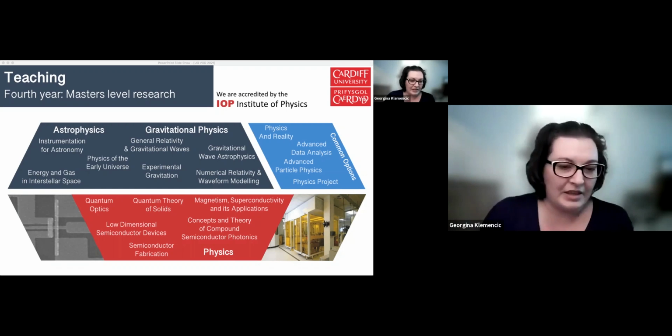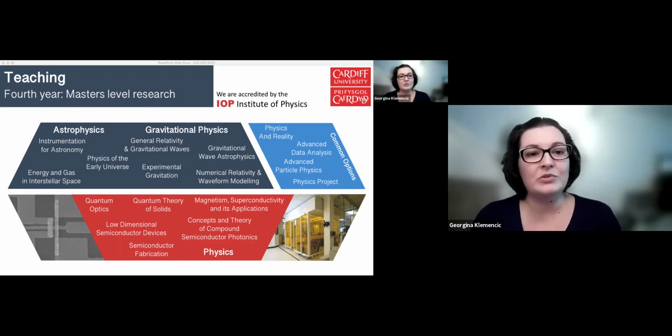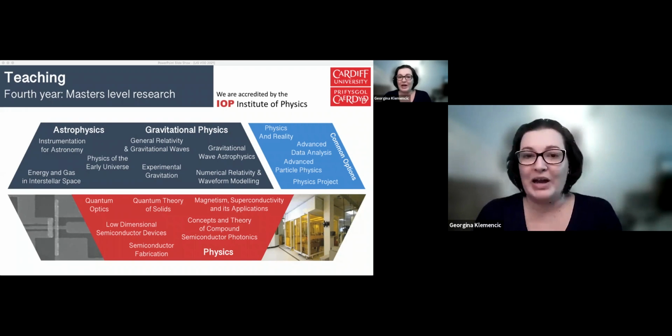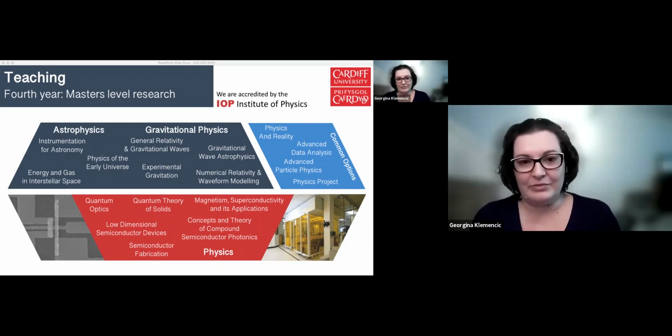And then there is a research component to the module where you work together in groups and you choose an instrument, you choose a telescope, and you do some research on that telescope and the findings that telescope or instrument has made, and then you report back.